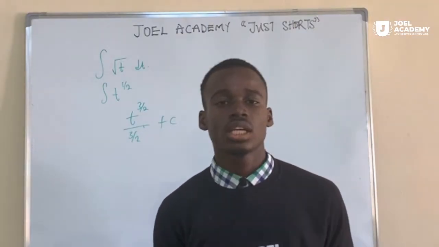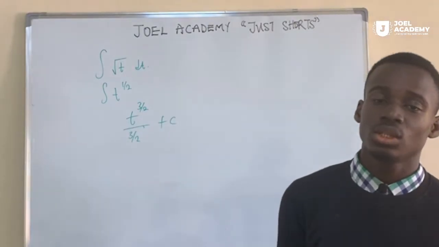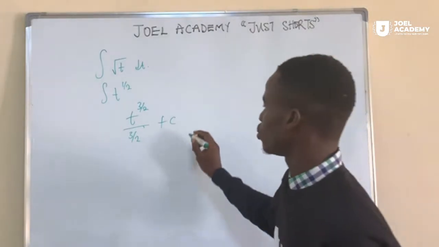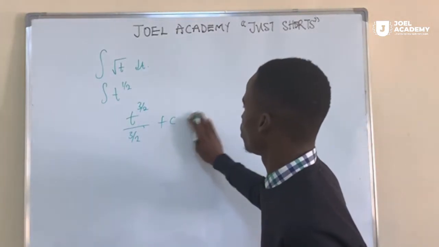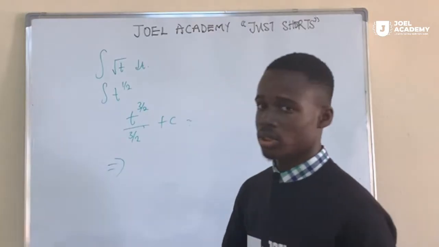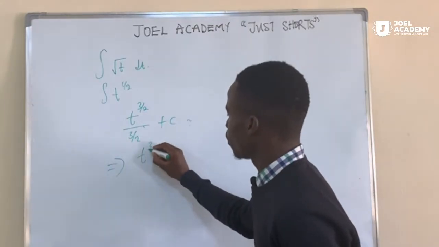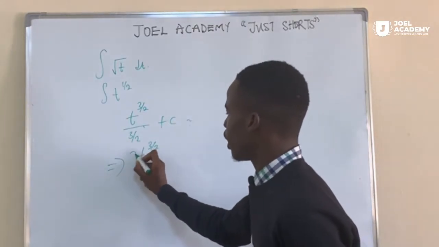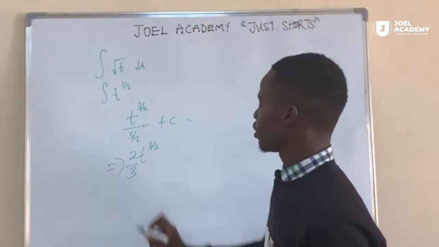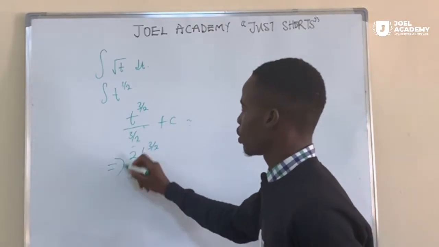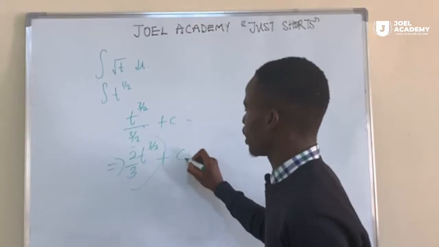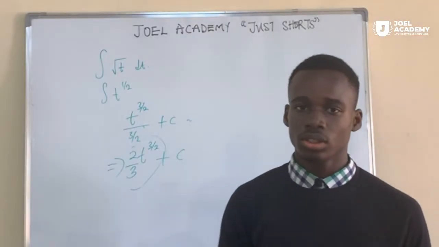But if you want the type of answer you'll be seeing in your options, you write t to the 3 over 2, and then you have 2 over 3. You interchange it. This is the way you see your answer in e-exams. So it's as easy as possible.